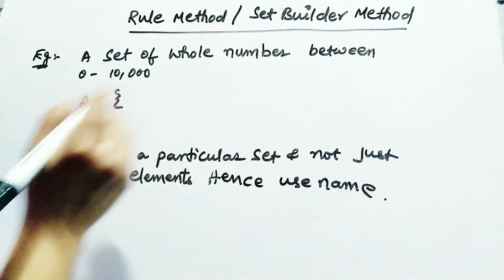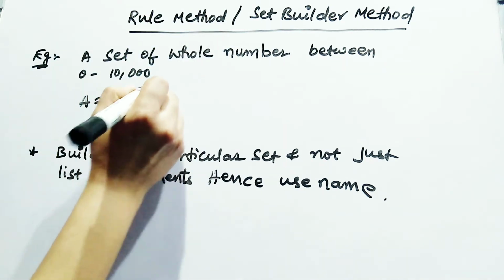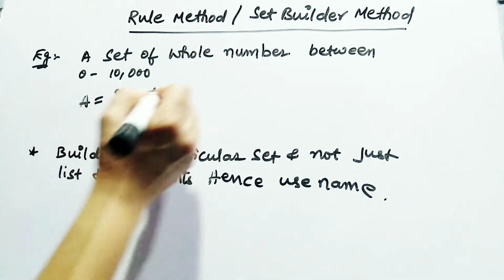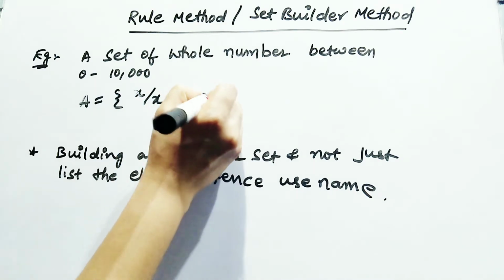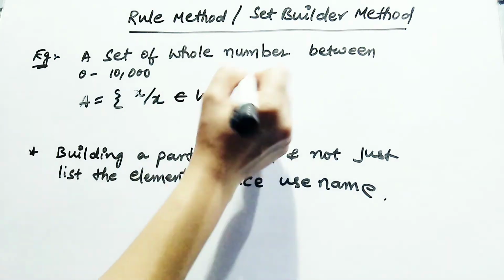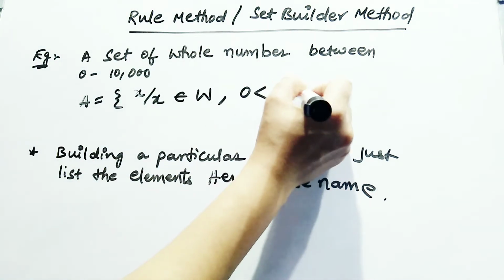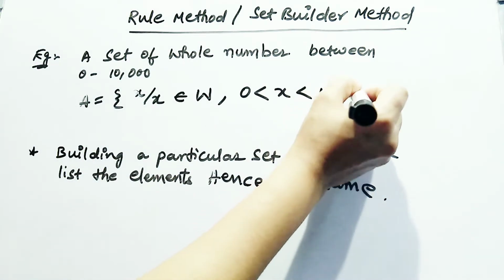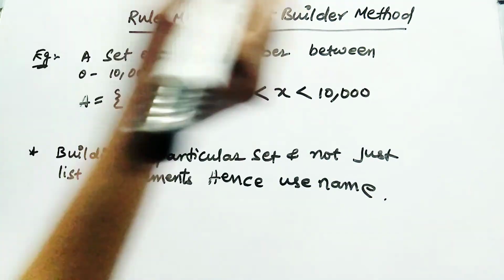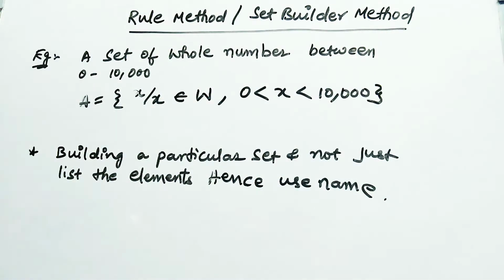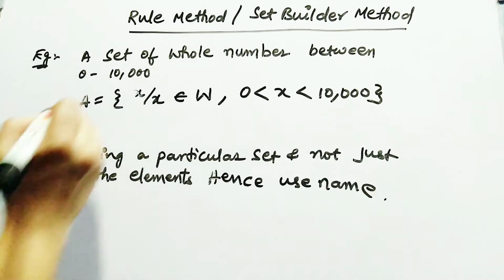So you are building a set, means x such that x belongs to W, where 0 is less than x is less than 10,000. Close your curly braces. What is your A?